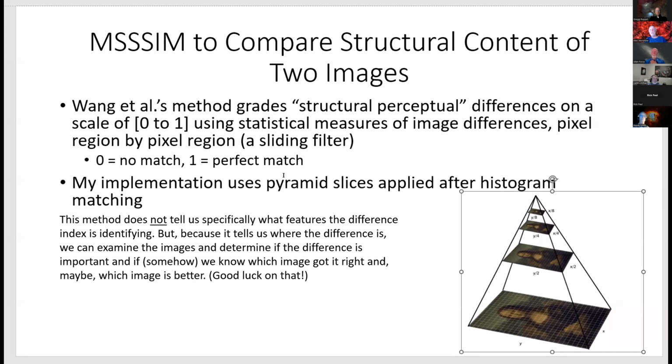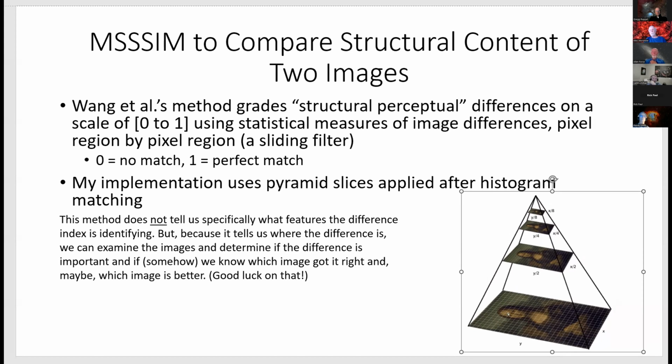My implementation slices the image up in this pyramidal way and evaluates the resolution at the different levels of these ever increasing. This is the full resolution. This is half resolution, quarter resolution, eighth resolution, and I go down to 16th resolution.